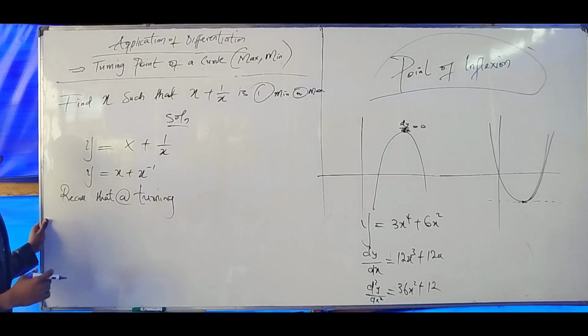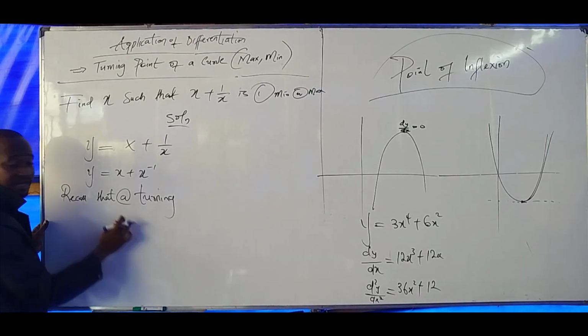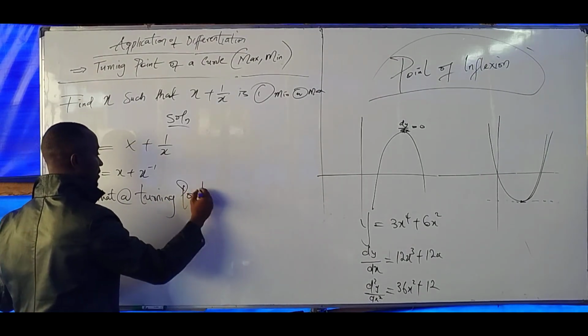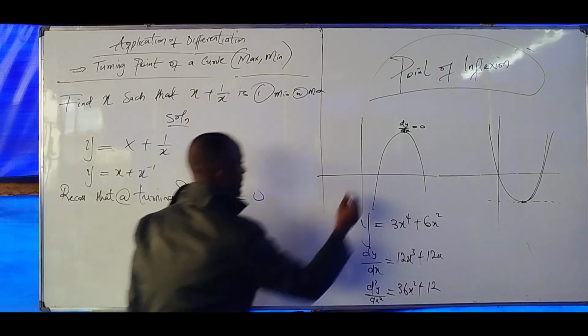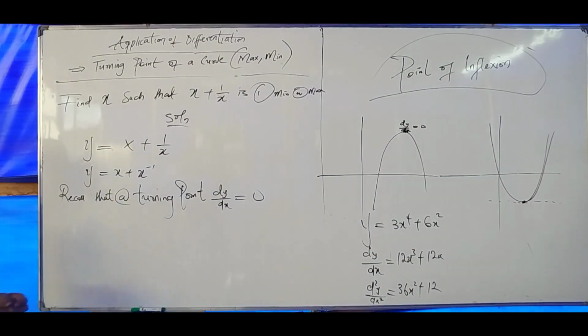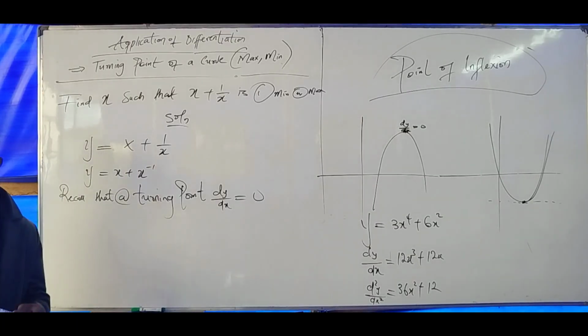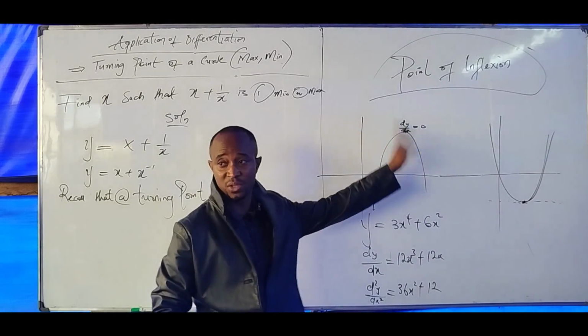Sufficient condition. Now, the first one says at the turning point, dy/dx must be equal to 0. Meaning either here, right? Or here. We don't know yet what value of x will be either minimum or maximum. But we know that at that turning point, there's no slope. It's equal to 0.